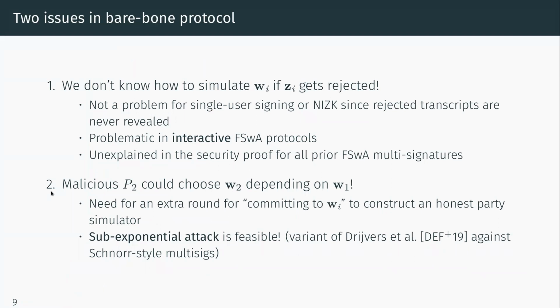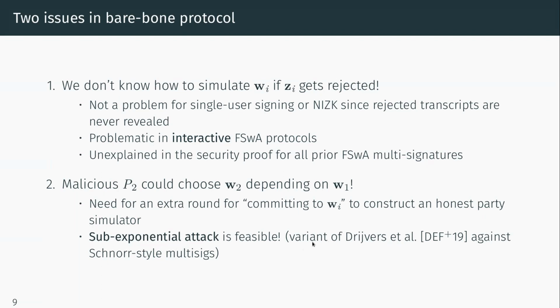And then the second problem is that the malicious party could choose the first message W2 depending on the first message W1. So this is why we need some extra round. We first need to commit to the first message W and then open later, and this is important for the simulation.